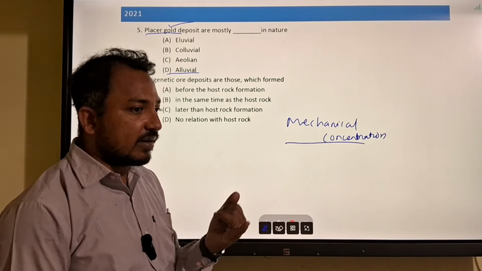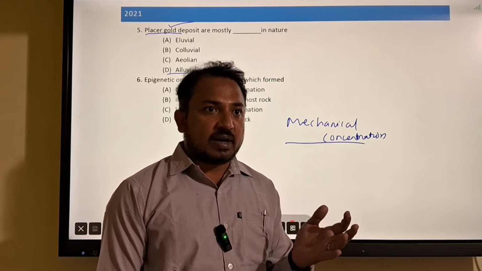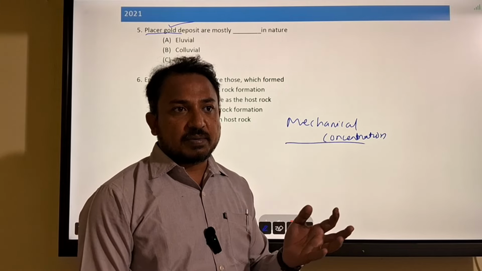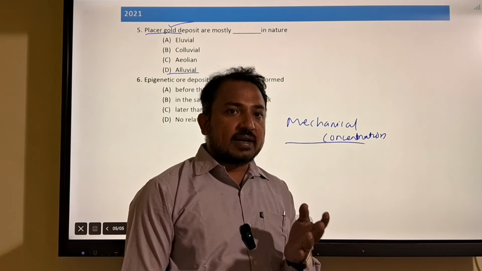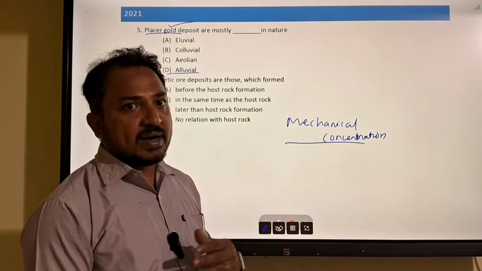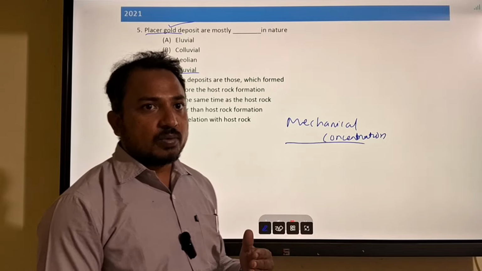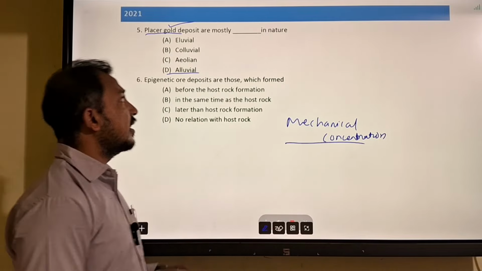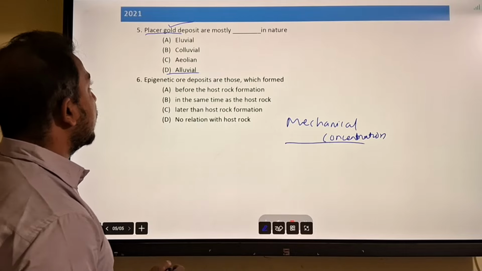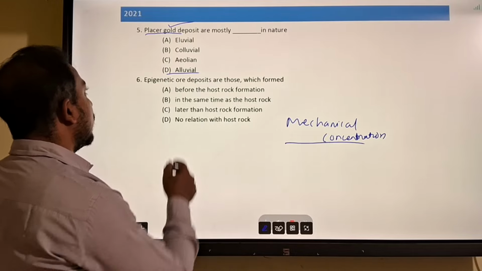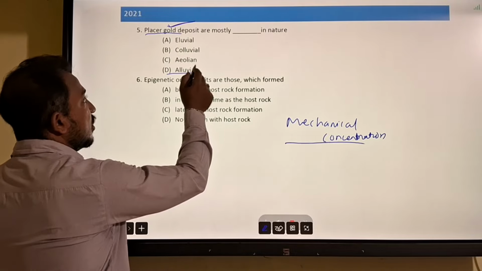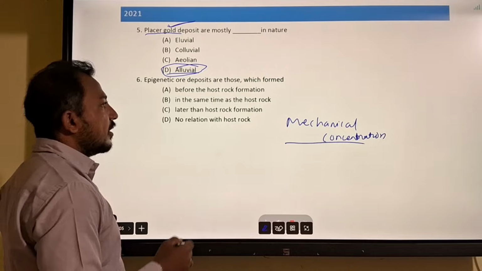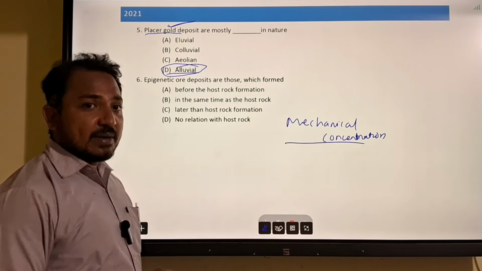Take the example of the alluvial fan region, or the meander region, where you will get point bar deposition, or where one tributary meets the mainstream. All these regions are sites for placer deposition, and gold is also produced in those regions. So alluvial is a potential agent which can deposit gold.